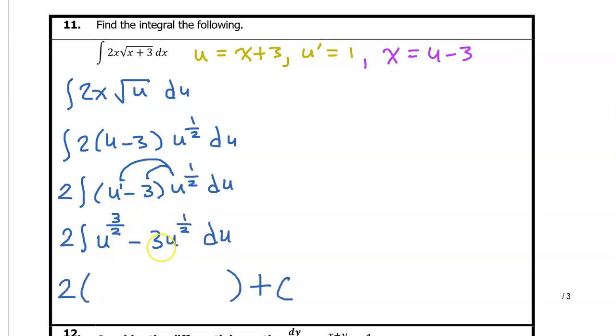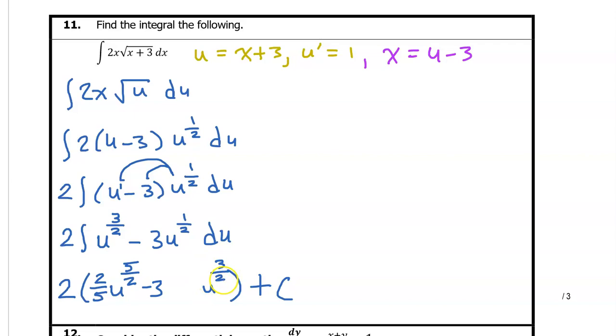Now we integrate term by term. Adding 1 to 3/2, we get 5/2. Then we divide by the new exponent. Dividing by 5 over 2 is the same as multiplying by 2/5. Bring down the negative 3. Adding 1 to 1/2 is 3 over 2.